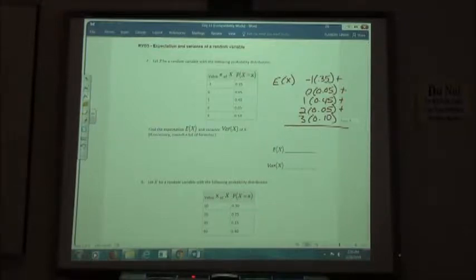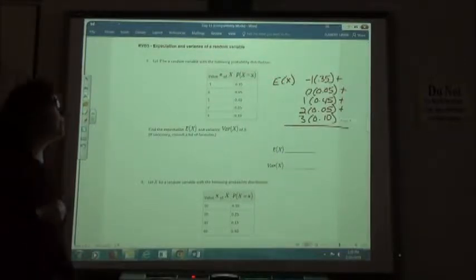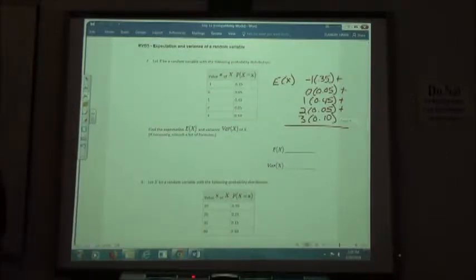My expectation or my weighted mean is going to be what once I figure all that out? Try that again. It's not what I got.